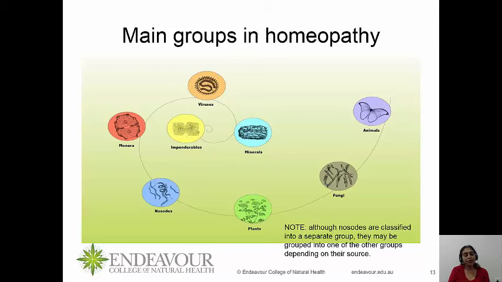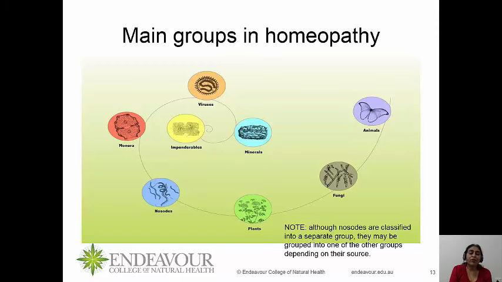Now, some people classify them as a separate group. Some people take the nosodes and look at their source. For example, let's take the nosode Influenzinum. Influenzinum is from the human. If it's from the human, influenza, then it would come under the animal group.